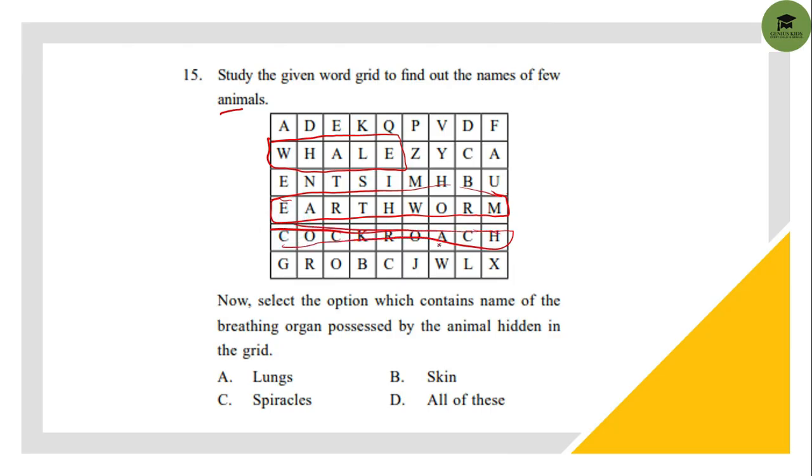Now, whale uses lungs for breathing. Same as for the earthworm, the breathing organ is skin, and for the cockroach, the breathing organ is spiracles. So option D is your correct answer.